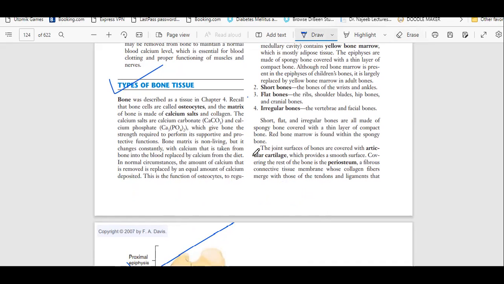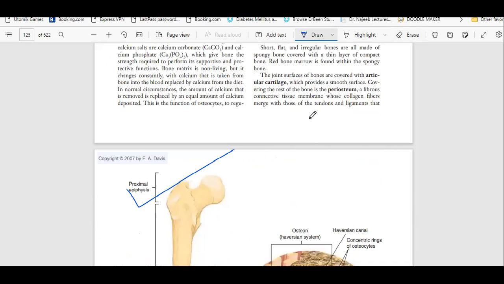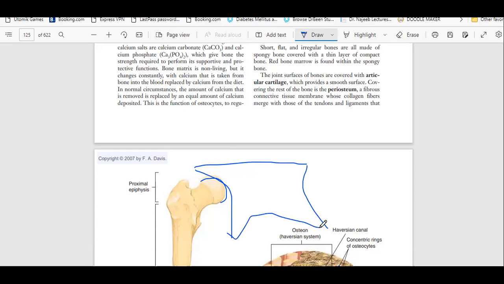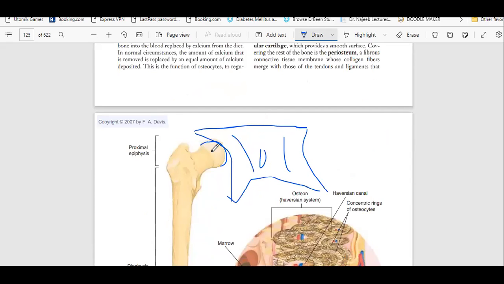Next, we will talk about how the joint surfaces of bone are covered with articular cartilage. You can see here, this is the bone, and it meets another bone. Actually, this is the pelvic bone, and this is a ball and socket joint.